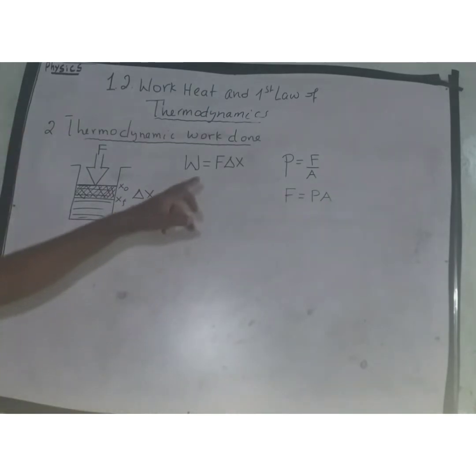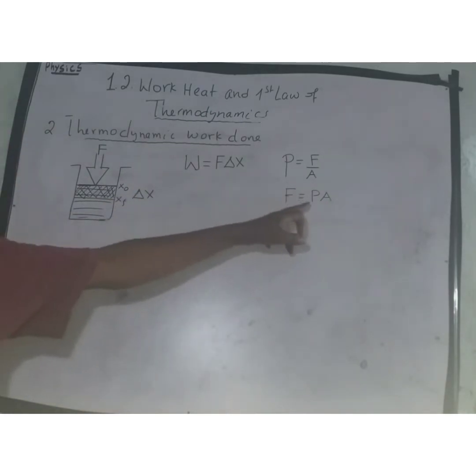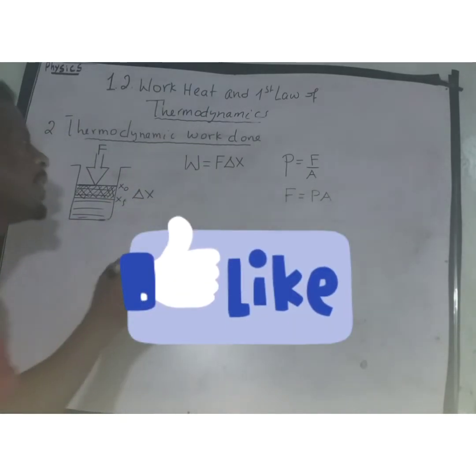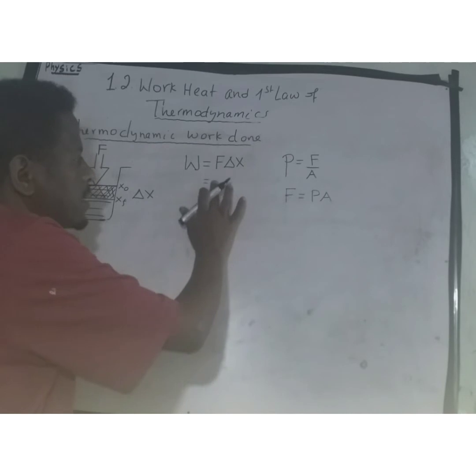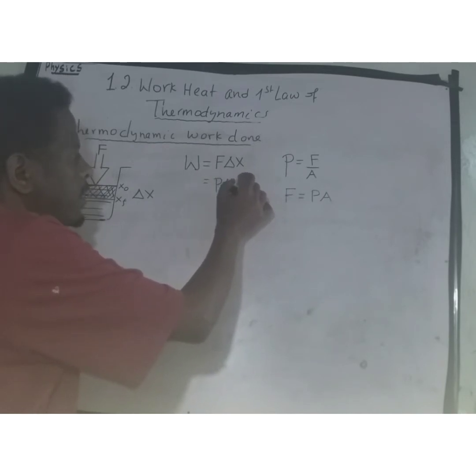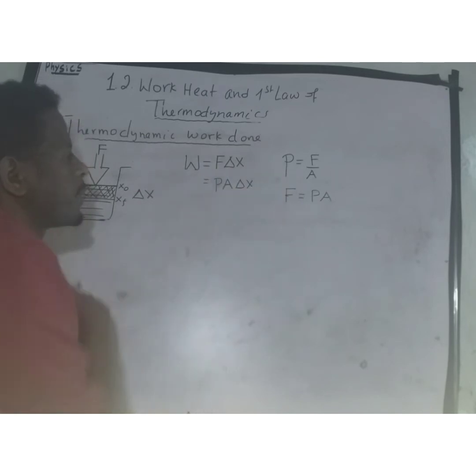When we substitute pressure and area for force, we get work equals pressure multiplied by area times delta x, and base area multiplied by height is volume.